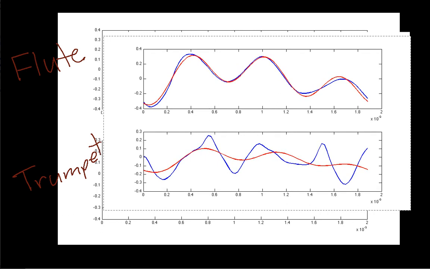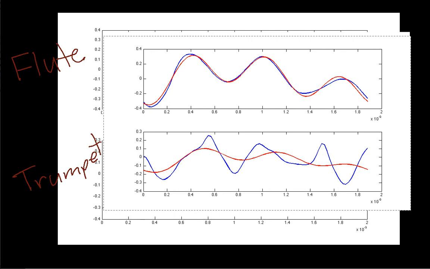The blue is the original waveform, and the red is the fundamental plus the second and third harmonics added together. And you can see that I've started to reconstruct the flute very, very nicely. The trumpet, on the other hand, doesn't look at all like it's being well reconstructed. And so if you wanted to, you could say, well, we're done with the flute, but we still need to get this trumpet thing looking a lot better.